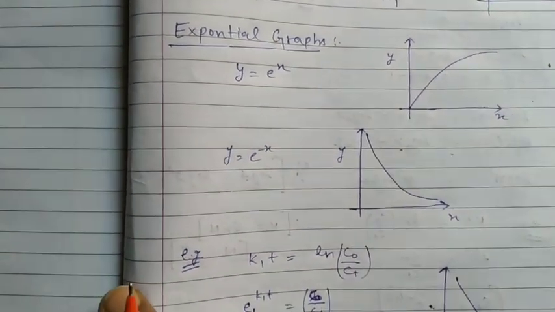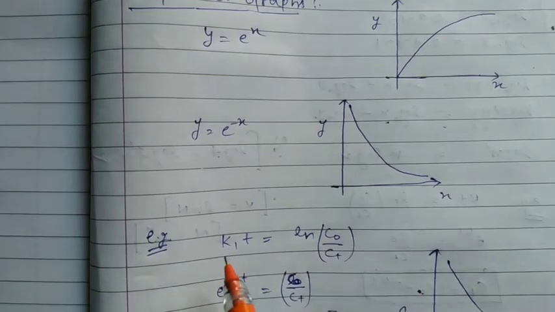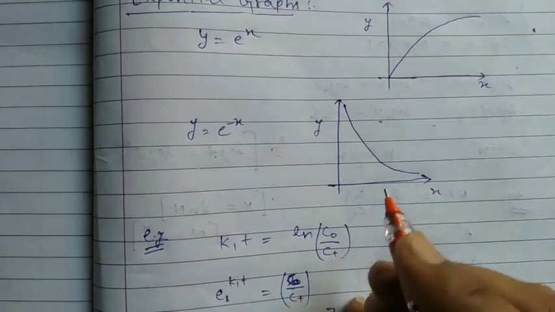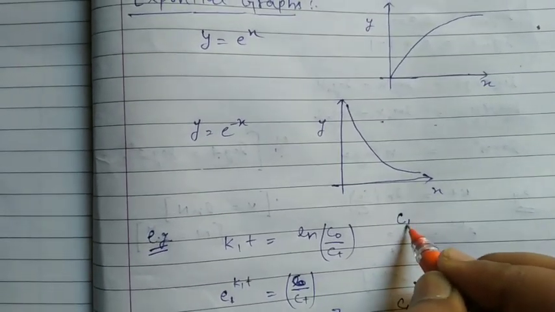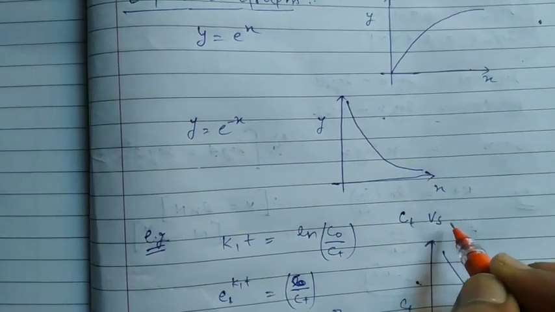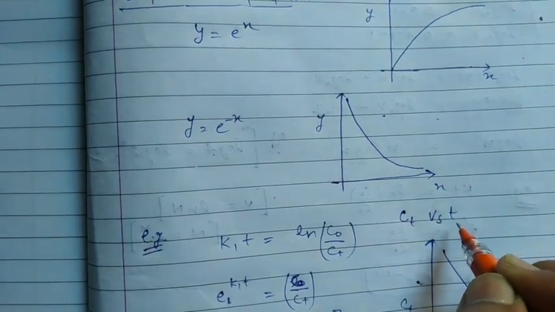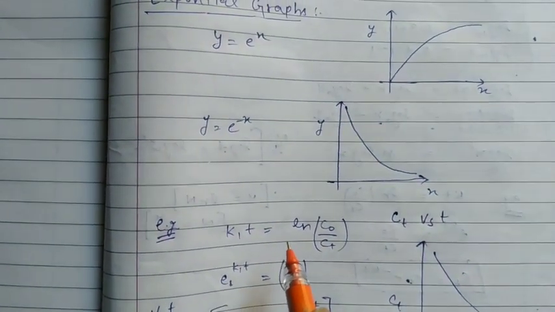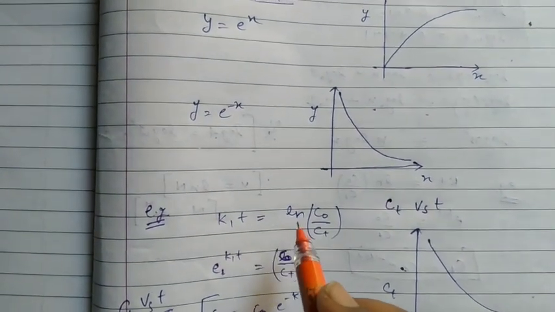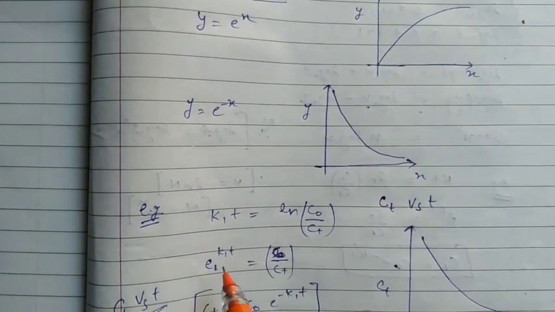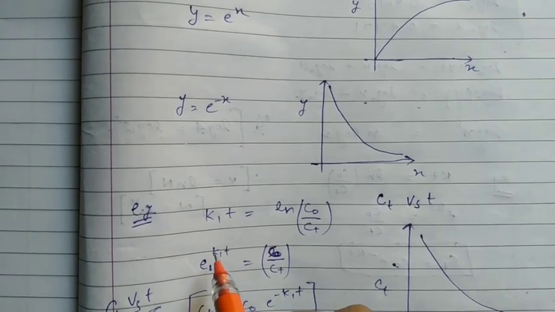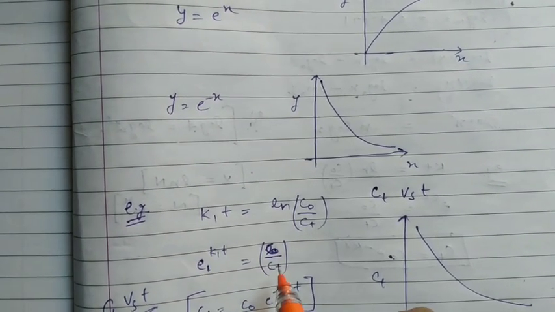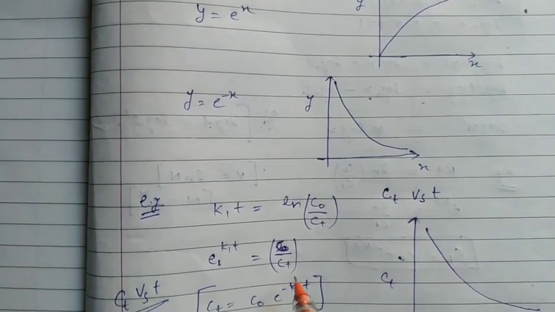For example, this is the equation for a first order reaction: kt is equal to ln c naught by ct. Suppose we have to draw the graph between ct versus t. So first we have to simplify this equation. These equations can be represented as e to the power kt is equal to c naught divided by ct.